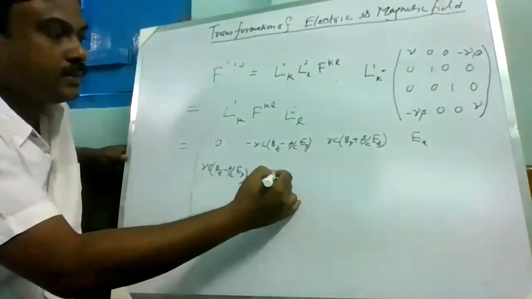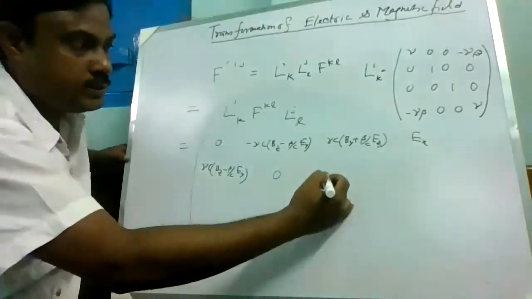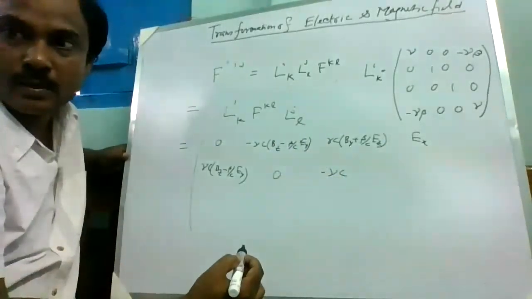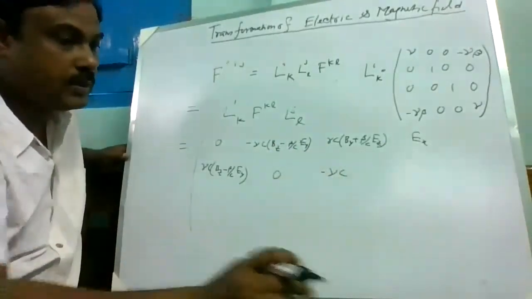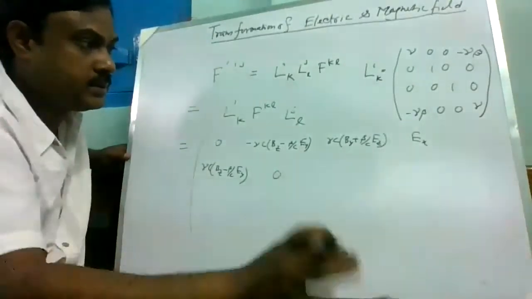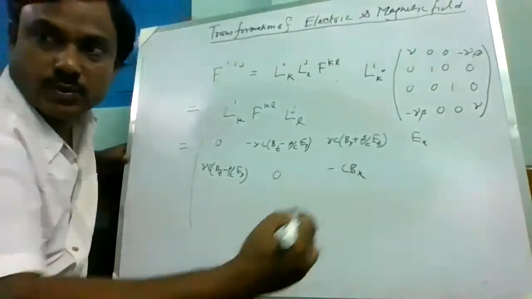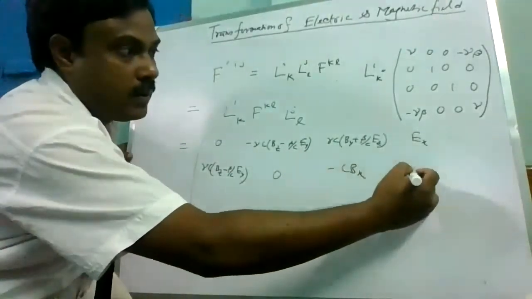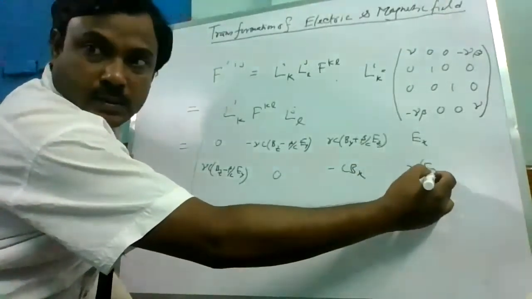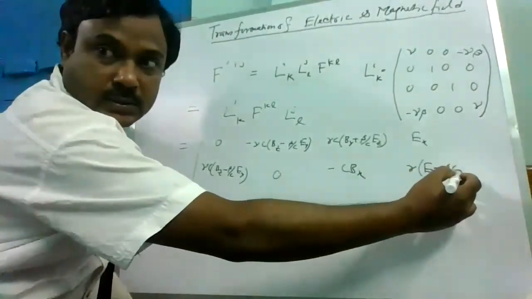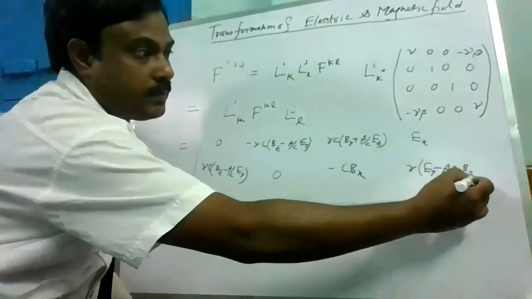This will be 0. This will be gamma c minus. This will be minus cdx. This will be minus cdx, and this will be gamma e y minus beta c dz.